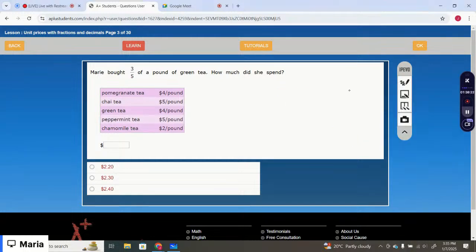The correct option is 2.40. Option number 3 is the correct option.